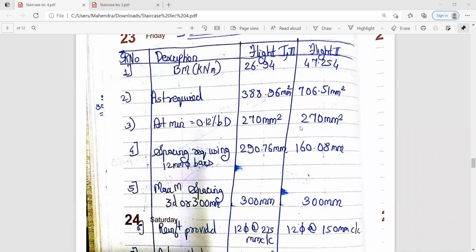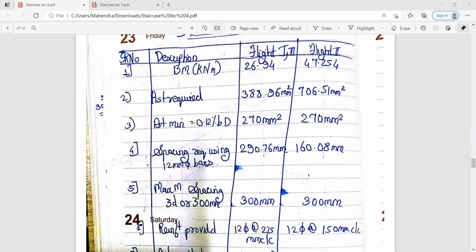Mahfouz, Rida. मैम 0.5 fck bd upon fy into 1 minus square root of 1 minus 4.6 Mu upon bd square fck. Yes, absolutely correct. That formula only you are going to use over here to calculate the Ast required.